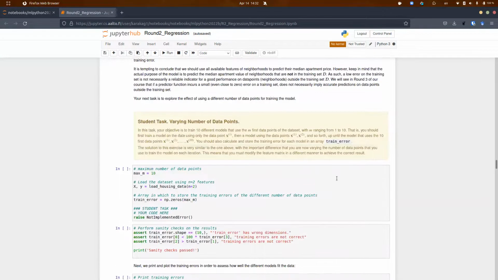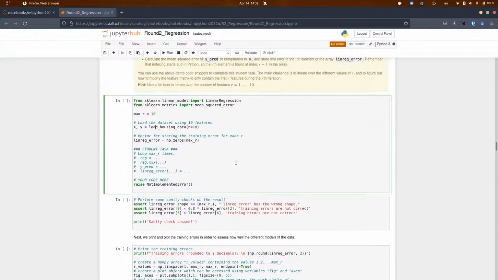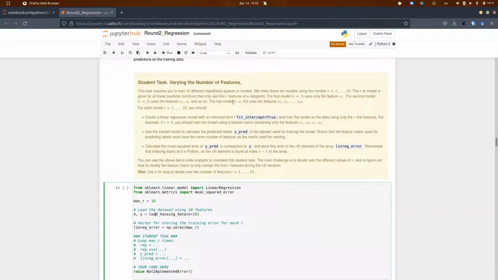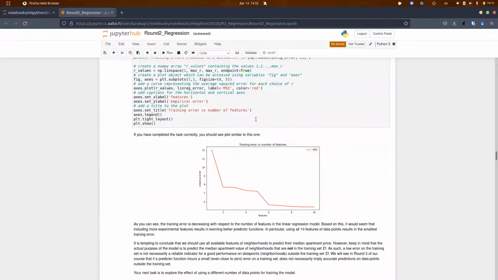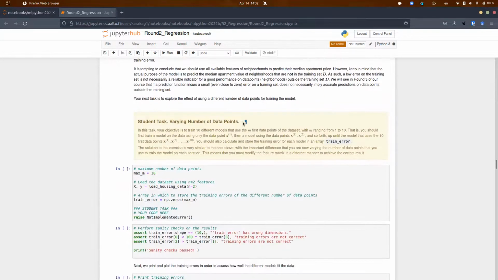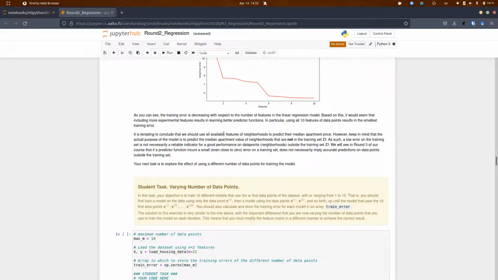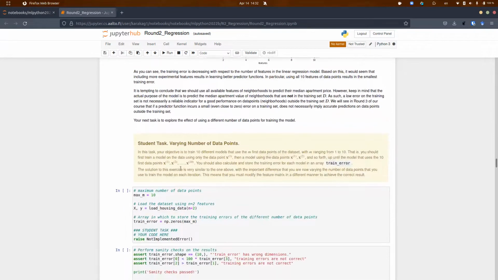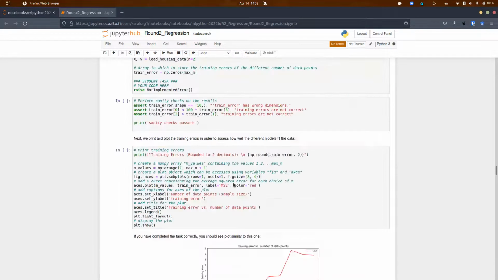Here are the two questions that we briefly discussed. First, how the number of features affects the performance of the model. Here you will see that when we use more features, we get a better empirical error, and you have to think about why that happens. Second, how does the number of data points affect the training error?